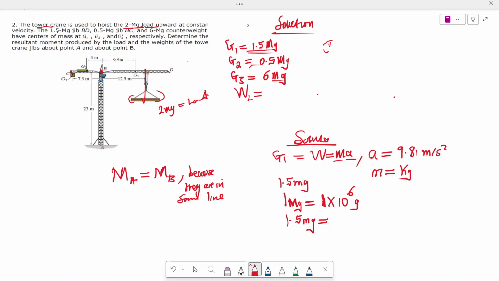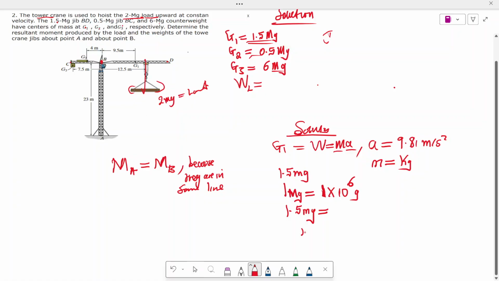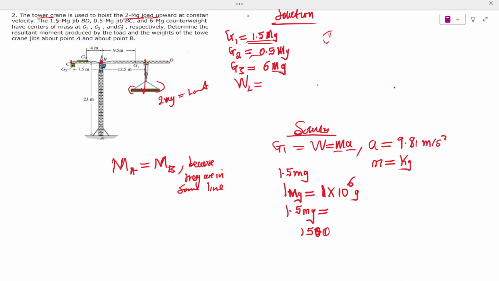1.5 times 10 to the power 6 is going to give us 1,500,000 gram.